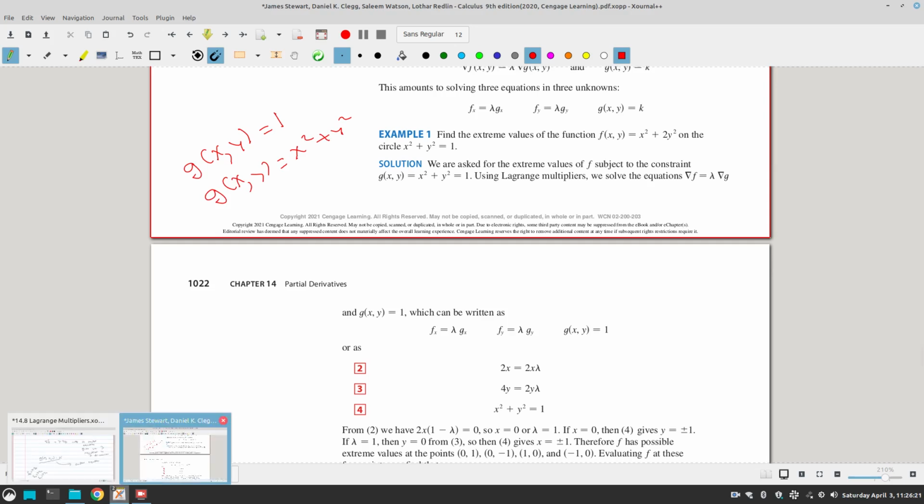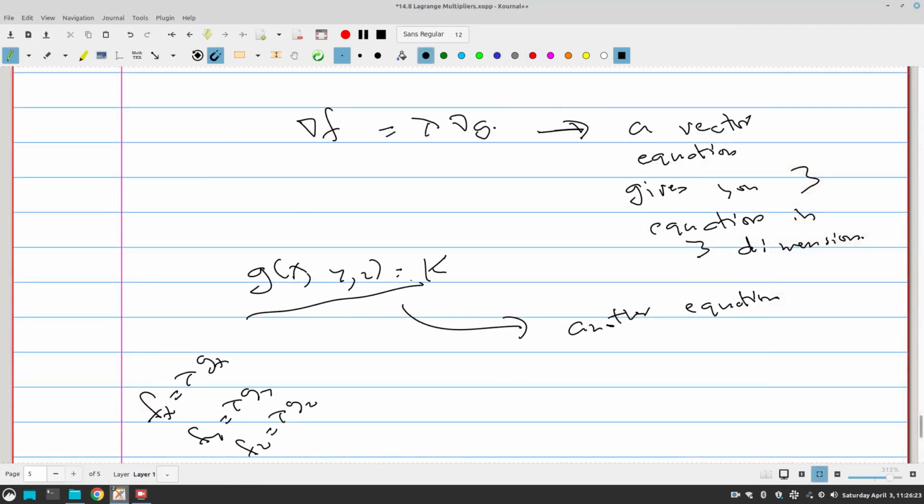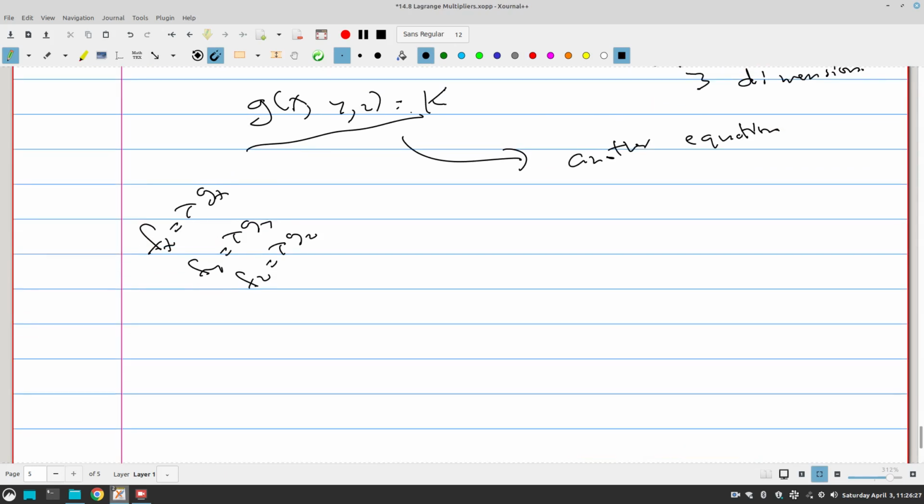Now let's set up our equations. This is example 1, pages 1021 and 1022.